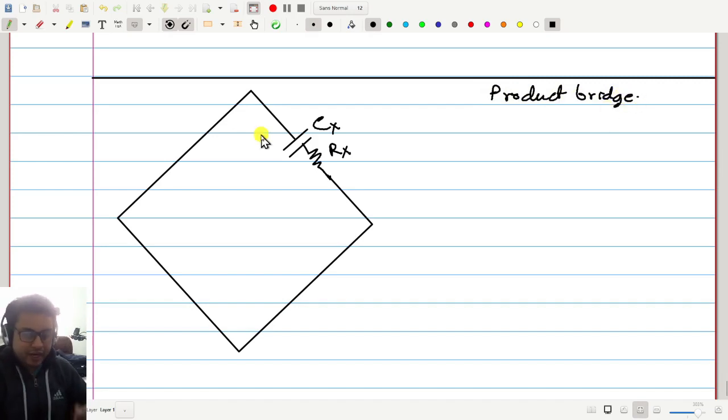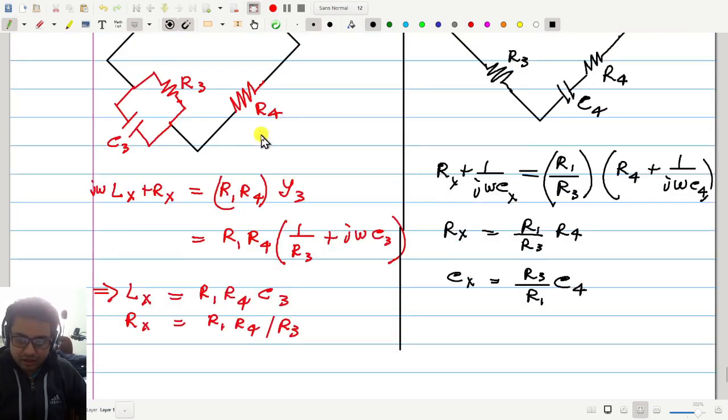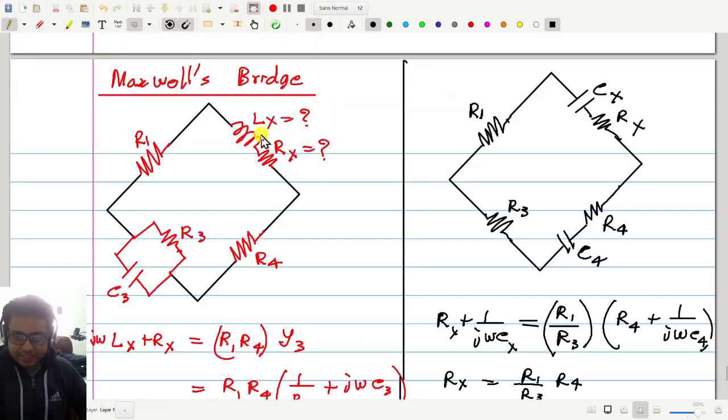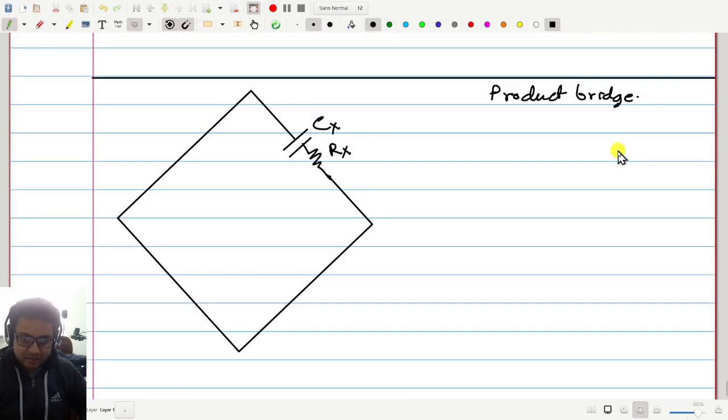Okay. If we make a ratio bridge, we already saw it yesterday. It's quite simple. But suppose we want to make a product bridge. So product bridge means what? The product of the opposite two arms should be a pure real or imaginary number.